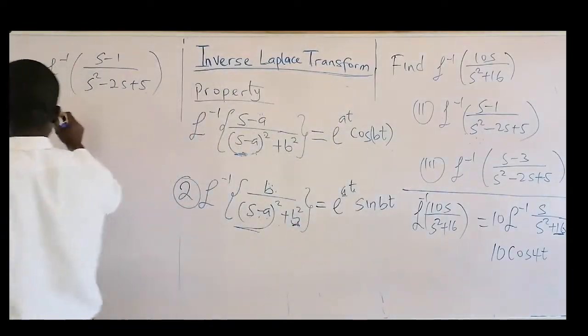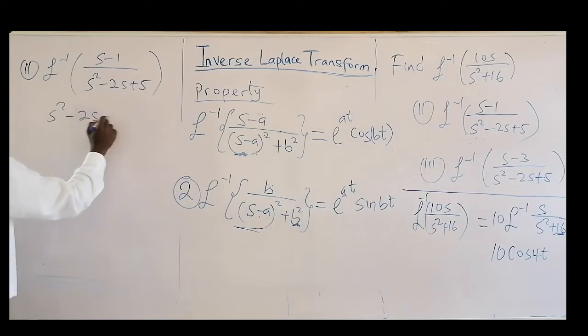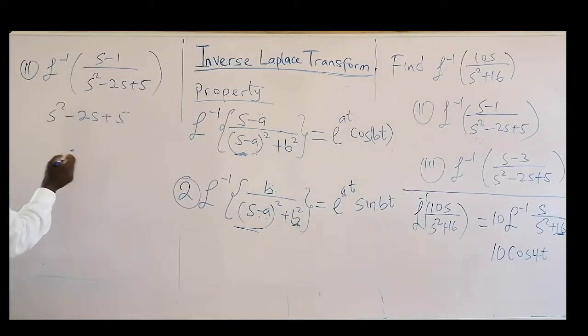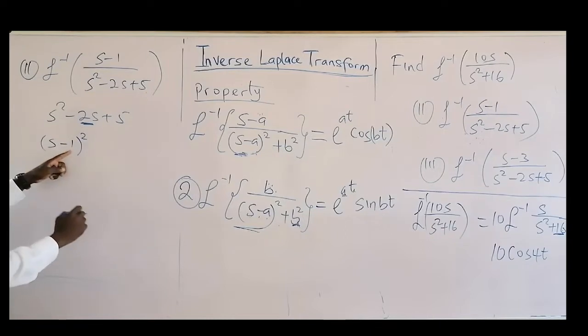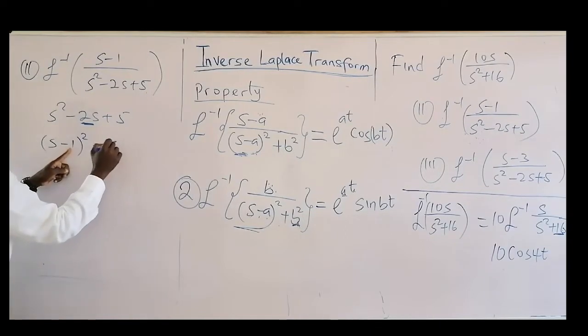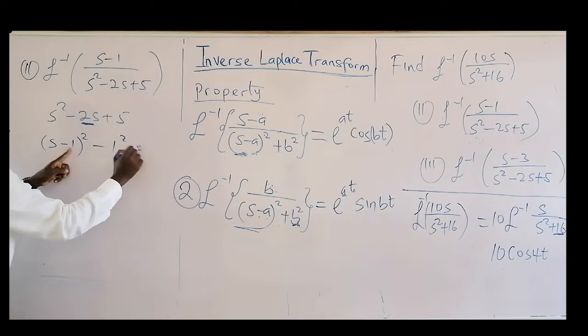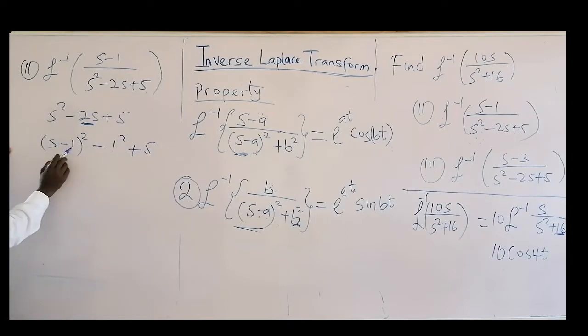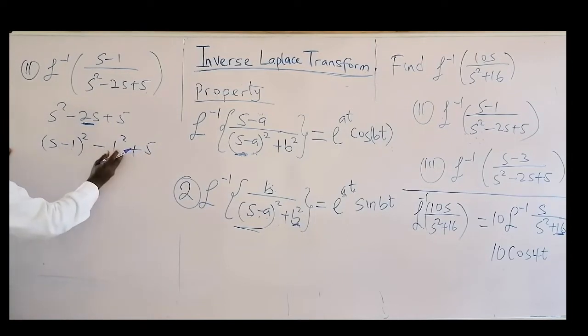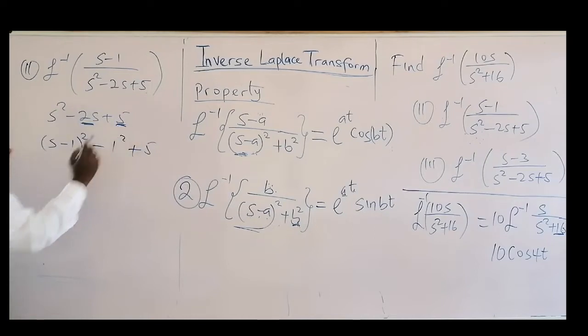And x squared minus 2x plus 5 will be equal to x, half of 2x, half of 2 is what? 1. Square that. Whatever you had here, take that out and square that, plus 5. You added 1 here, take it out, square of that, then plus 1, plus 5.